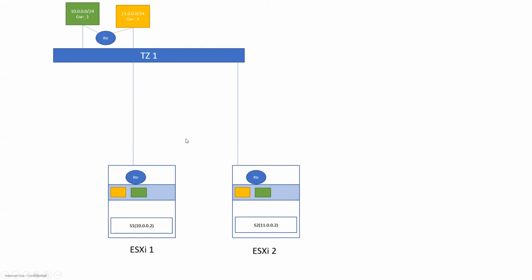Now what happens is, if you ping from S1 to S2, it will hit the port group, right? The port group will be associated with this router.